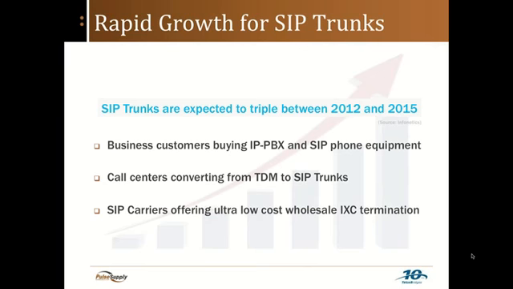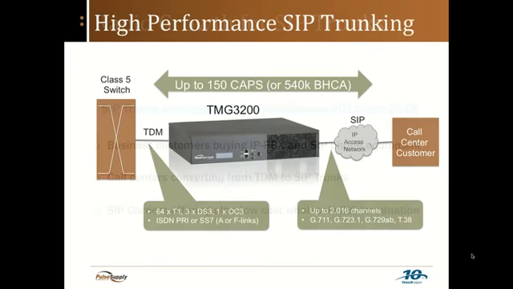So let's have a look at what solution can be presented here in order to enable your TDM switch for SIP and voice over IP. What I'm presenting here on this slide is a TDM and voice over IP gateway from Telcobridges. It's called the TMG 3200, and it's enabling this class 5 switch to receive SIP traffic, or to be able to deliver SIP trunks.